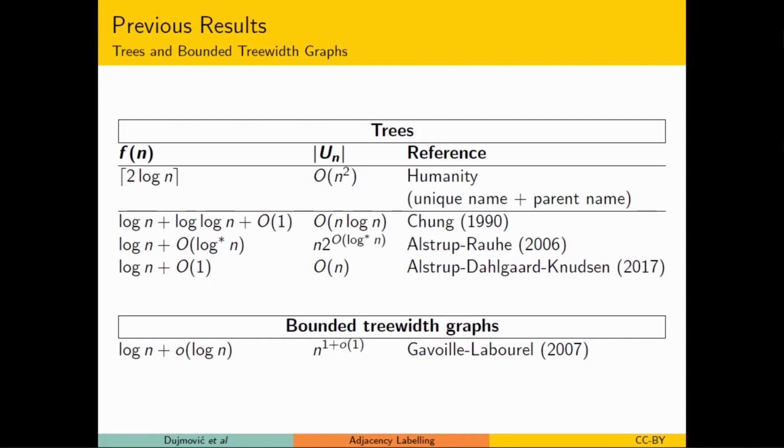Okay, well, once you've solved the problem for trees, the next thing to do is to work with bounded tree width graphs. It's kind of the next step in complexity beyond trees. And for that, Gavoille and Gwenaël gave a solution in 2007, which uses log n plus little o of log n bits.